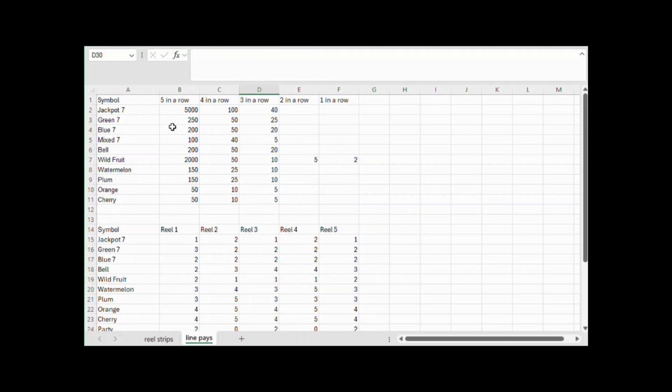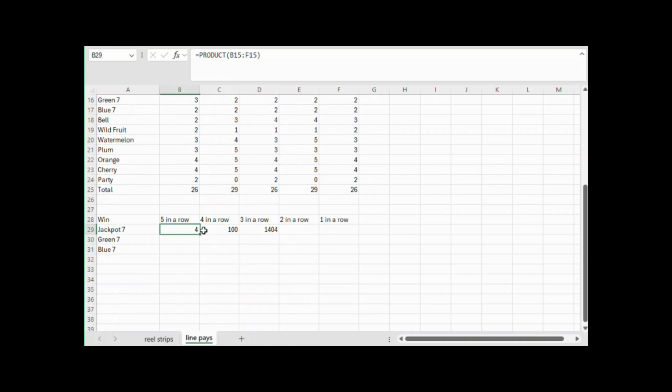And then let me just make sure that these are consecutive. Jackpot, green, blue. Yep. So I can simply copy and paste these 3 formulas down to get the formulas for the green and the blue 7s.